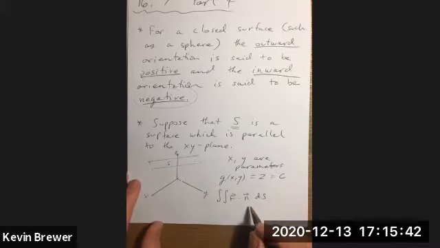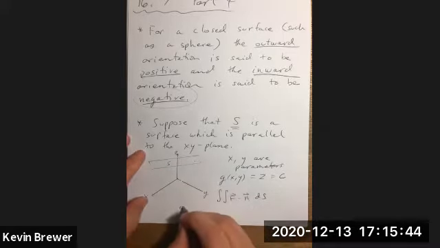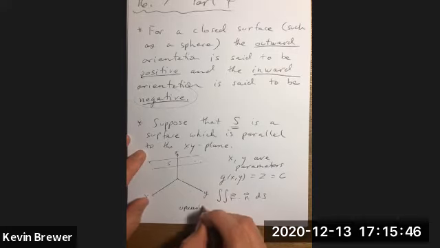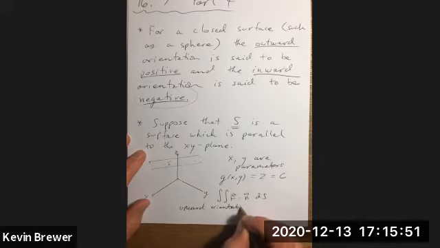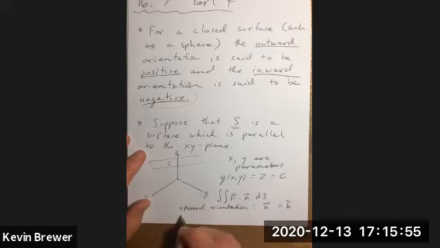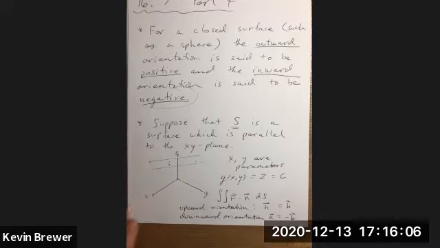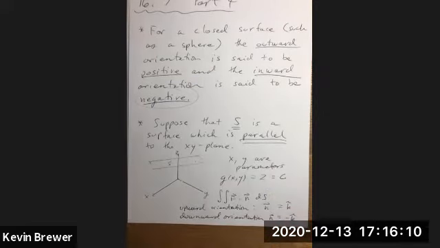For upwards orientation, n is just equal to k. For downward orientation, n is negative k. That's because of being parallel to the XY plane.